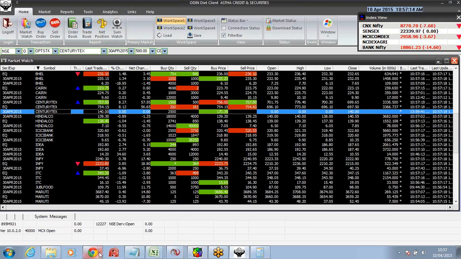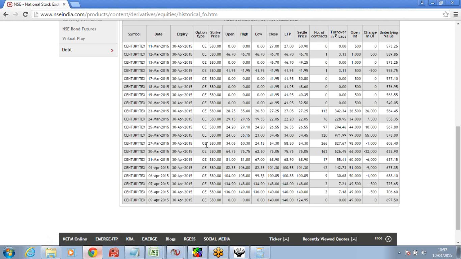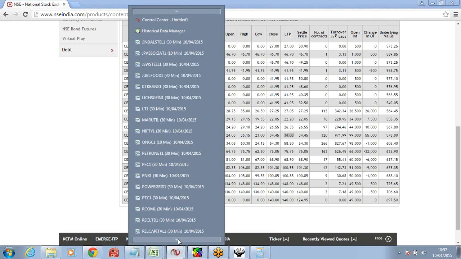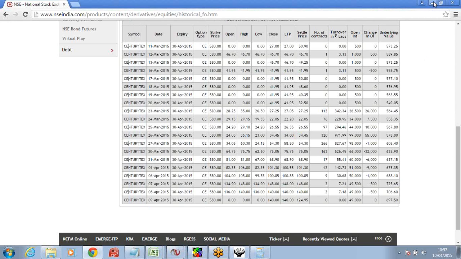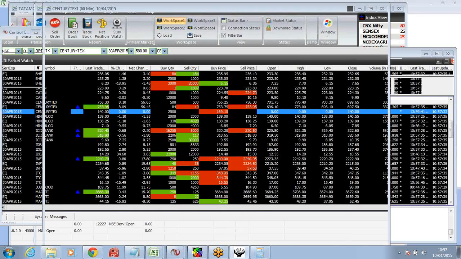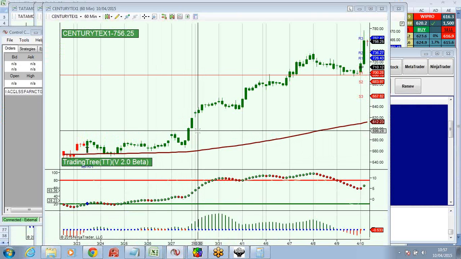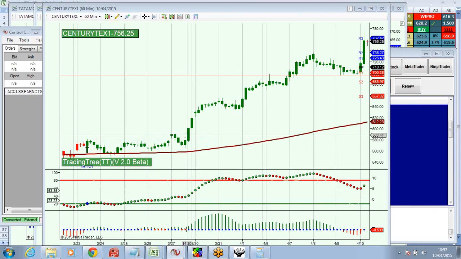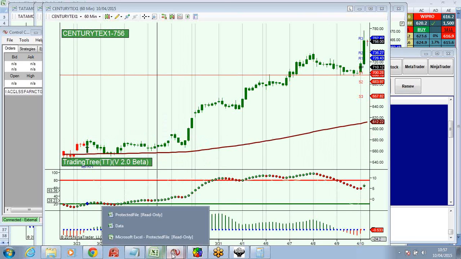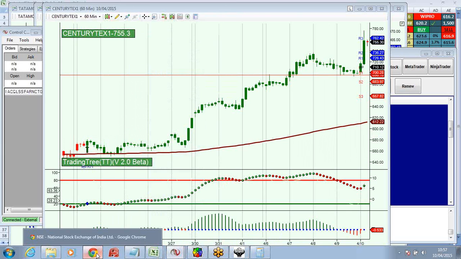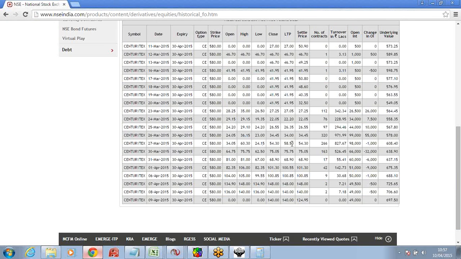If you ask me at what price I would have bought it, I would have bought it at around 58 rupees. You can check the dates here. That's on 27th. On the 27th, let me take the LTP, the last traded price, which was 58 rupees 50 paise.